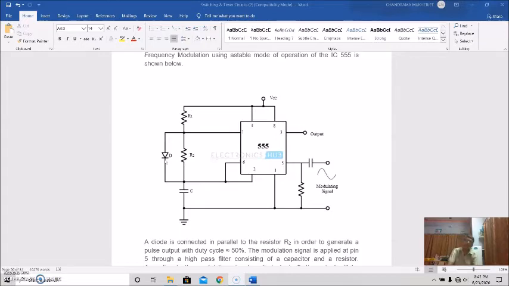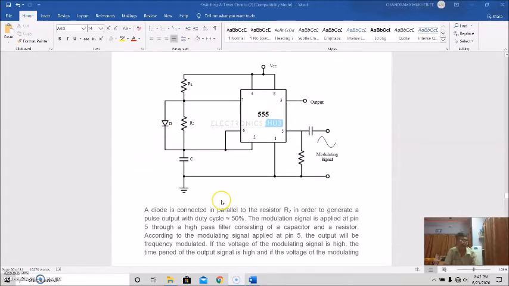When we discussed the duty cycle of the operation of the Astable multivibrator, for 50% duty cycle output generation, we used this diode across R2.